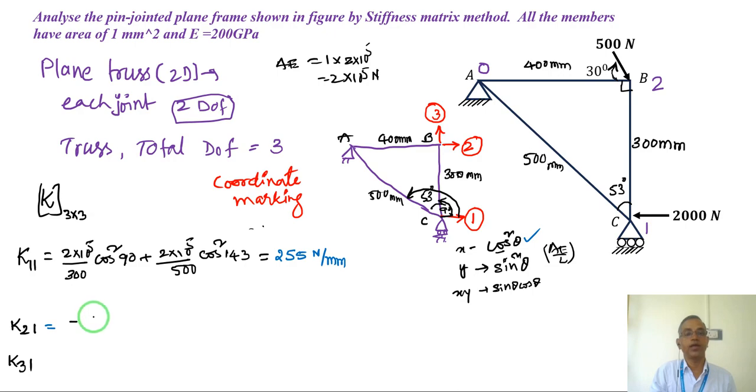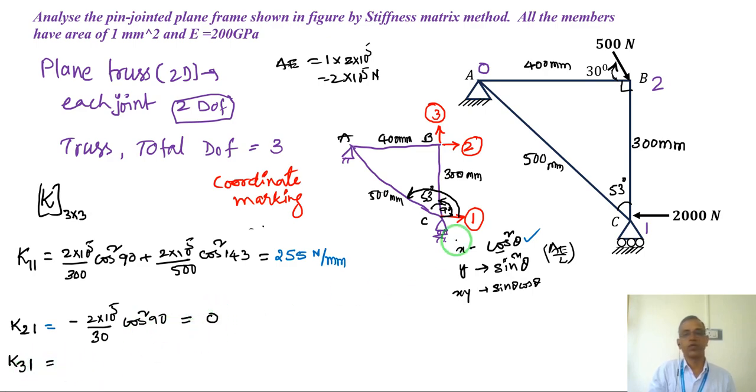AE by L, so 2 into 10 power of 5, the length of the member between 1 and 2 coordinate is this BC, length is 300, and since both are the same, I have cos square. What is the angle? From this joint, I will consider C as near end, B as far end. So the angle of BC is 90 from the positive. So 90. Cos 90 is 0. So everything here is equal to 0.